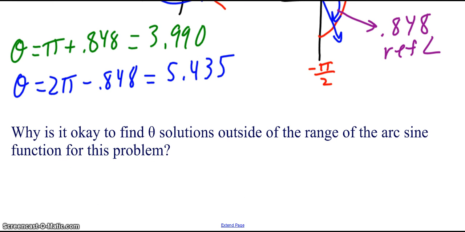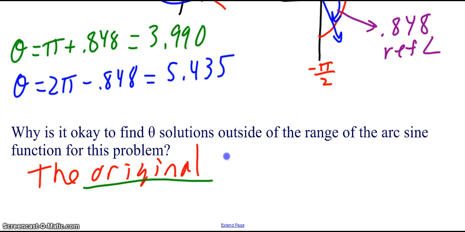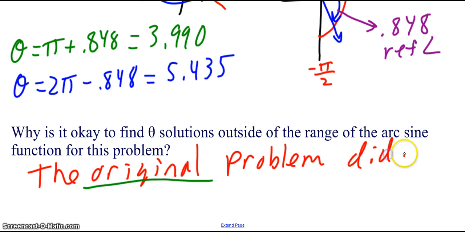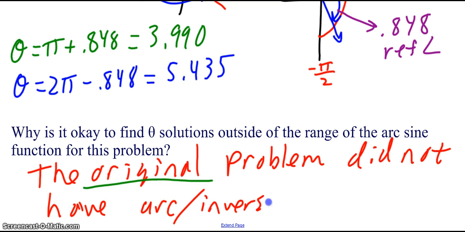So then we have the question, why is it okay to find theta solutions outside of the range of the arcsine function for this problem? The reason why: the original problem did not have the arc or inverse function.